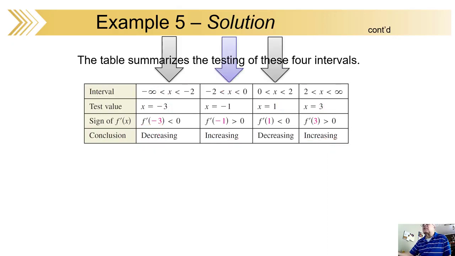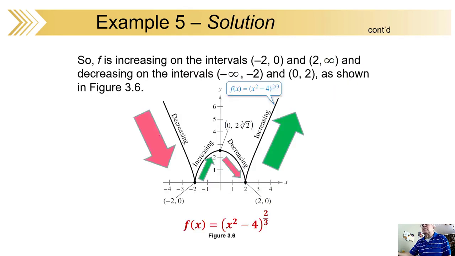Just take each interval, get a test point in each one, and there you go. So there's a picture of what your graph looks like and what's happening in each of those 4 intervals.